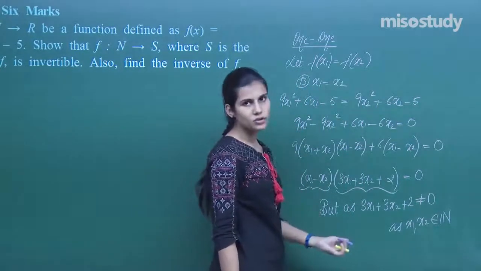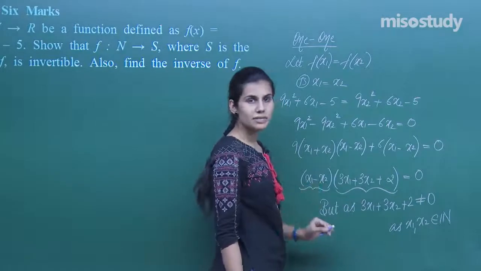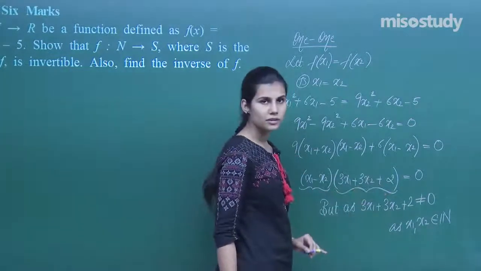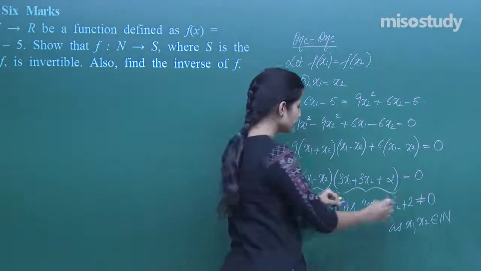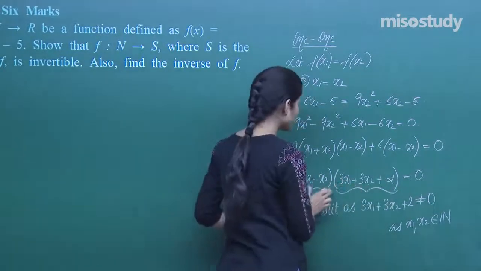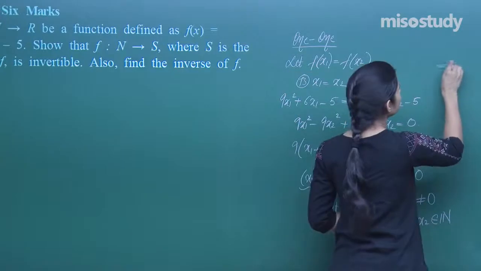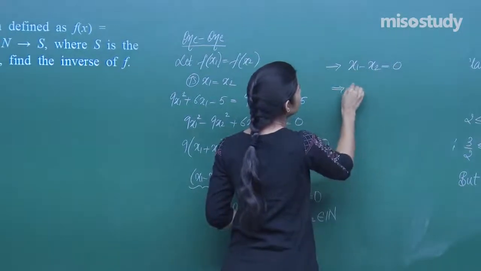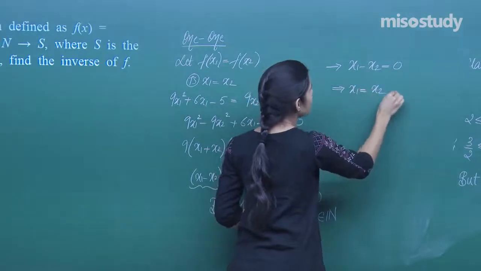Maximum they can be any non-zero number, but they can themselves never be 0. So this entire quantity can never be 0. There is plus everywhere. If this is non-zero but its product with this is 0, that means this has to be 0. So this implies x1 minus x2 is for sure 0, which implies x1 is equal to x2.